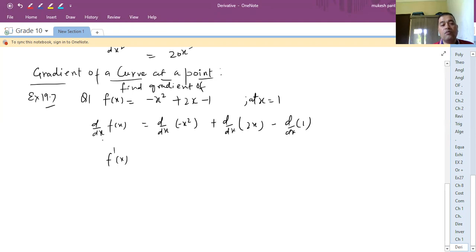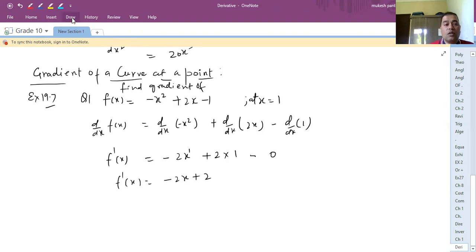Or if you want to continue, you can continue with the same sign, but it is better to write f dash x for the first derivative. This is minus 2 times x to the power 2 minus 1, which is 1. Then 2 here: derivative of x is 1. If there is x, the derivative is always 1, and a constant has derivative 0. So f dash x equals how much are you getting? Simply minus 2x plus 2.